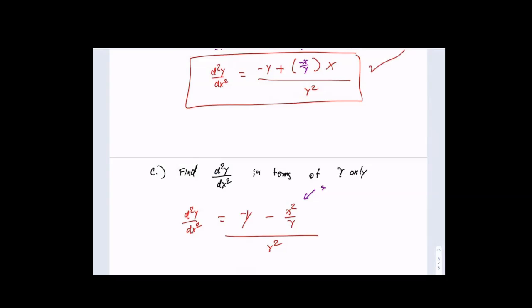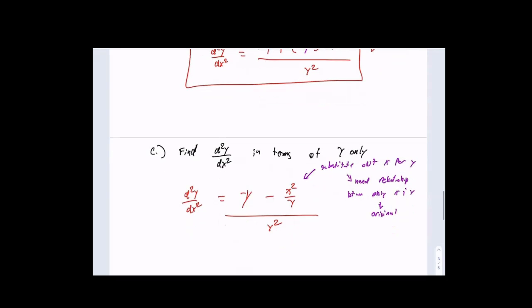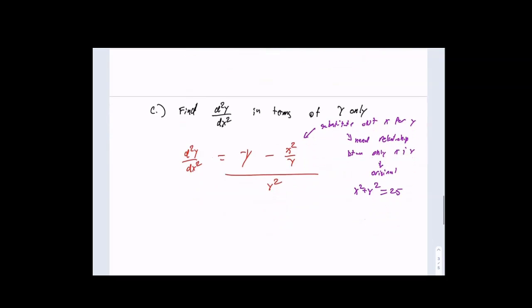You need to substitute out x for y, which means you need the relationship between only x and y, which was the original, x squared plus y squared equals 25.